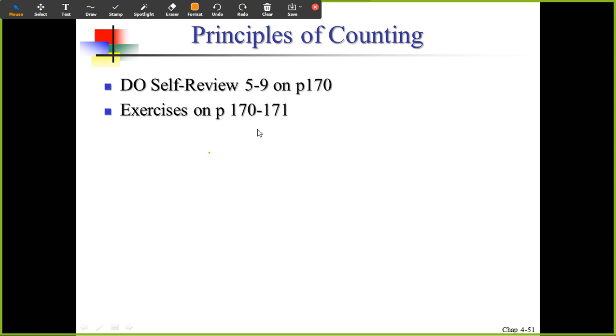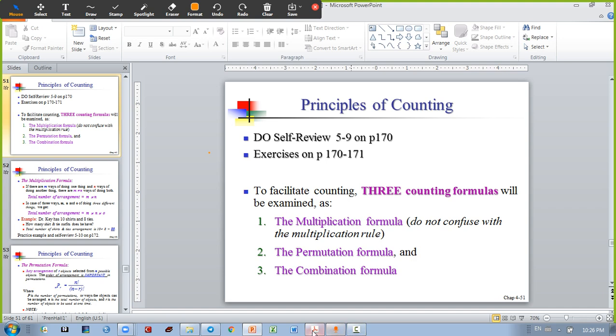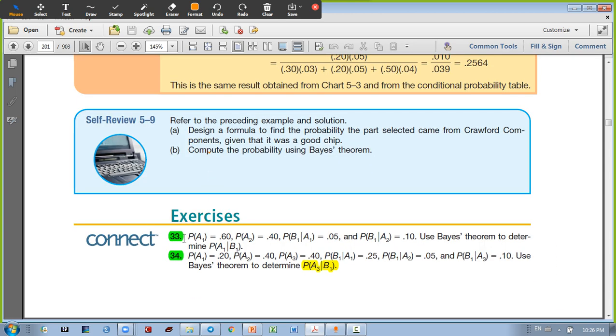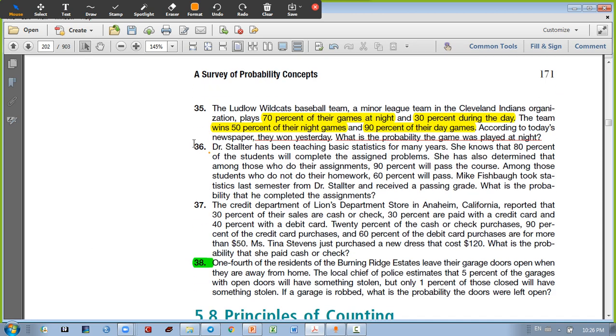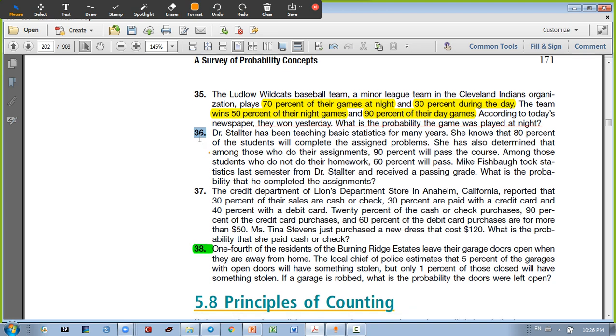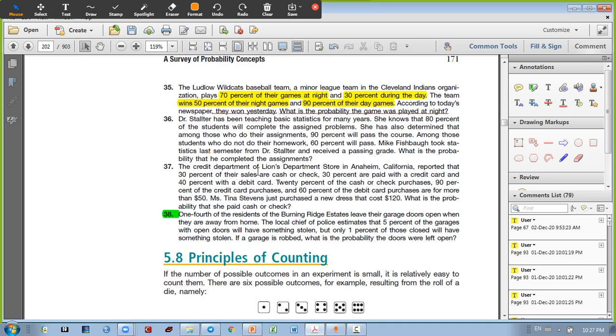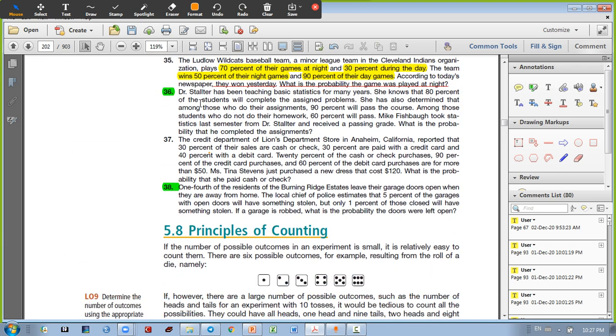And the exercises on page 170: number 34, number 36, and number 38.